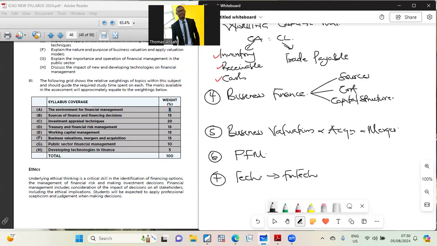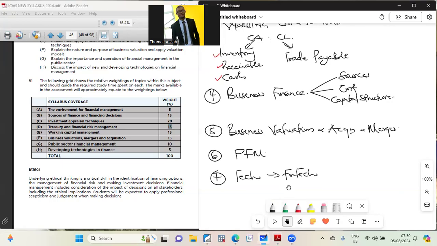So this is the syllabus, and as you can see, fintech is 5 marks, PFM is 10 marks, business valuation 15 marks, working capital 15 marks, and treasury management, yes, that is another thing. We will be doing treasury management. That is usually the last thing I teach as part of my course, because it is very tricky.